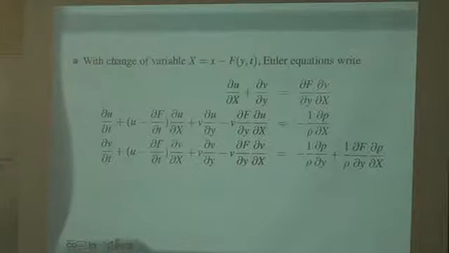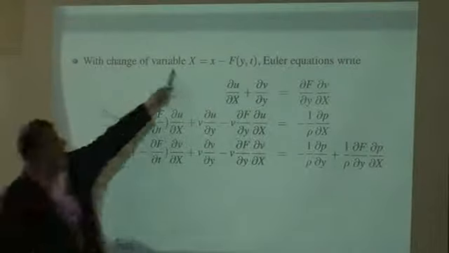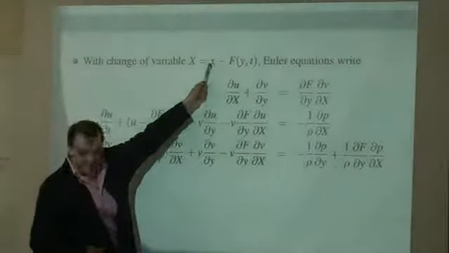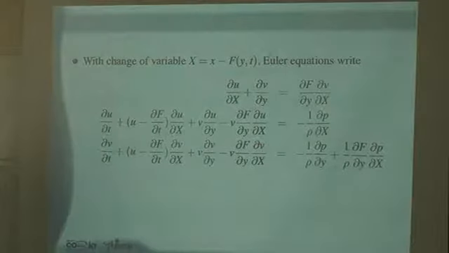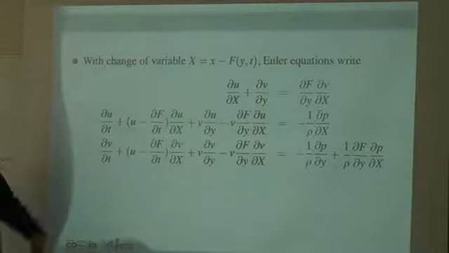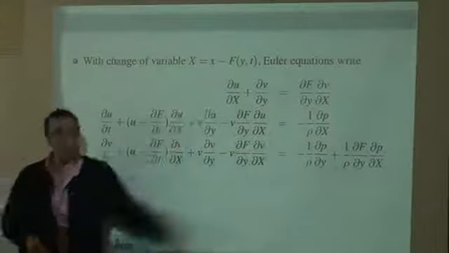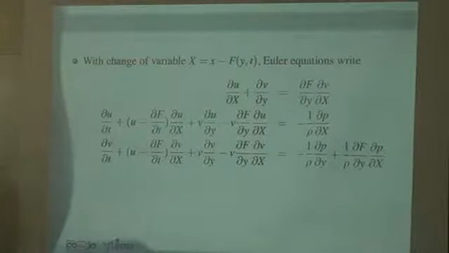So let's do mathematics. I know you like that. We can change variable and say capital X equals small x minus f, so that the discontinuity is at capital X equals 0. So you can write down the other equations, continuity, momentum equation, easy.